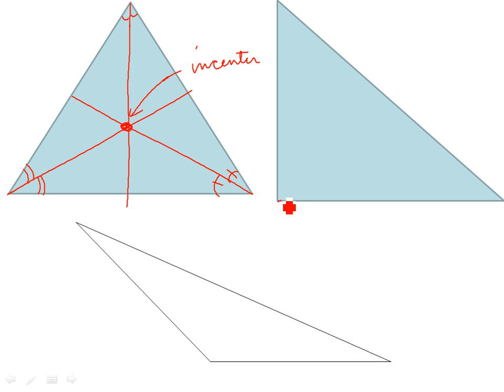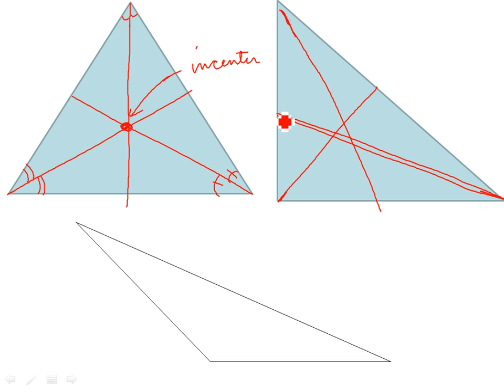If I bisect this angle, run something like that, bisect this angle, I could get up here to it, run something like that. If I bisect this angle, that's terrible. Run something like that, wow, that's way off. Now, what should happen right there is those should all come together if I could bisect the angles correctly, and that would be your incenter.